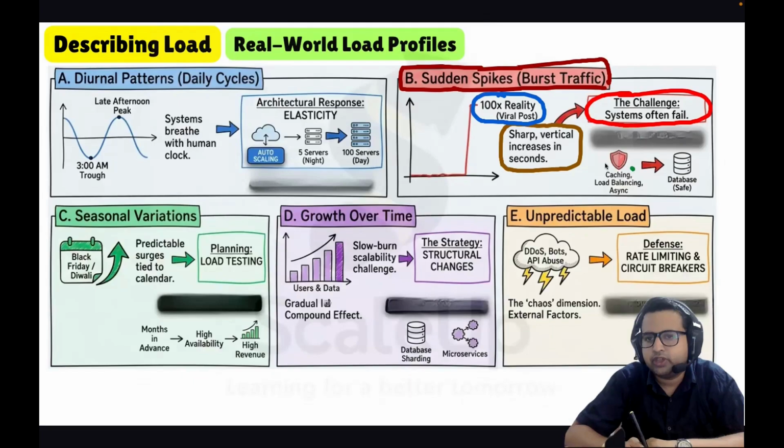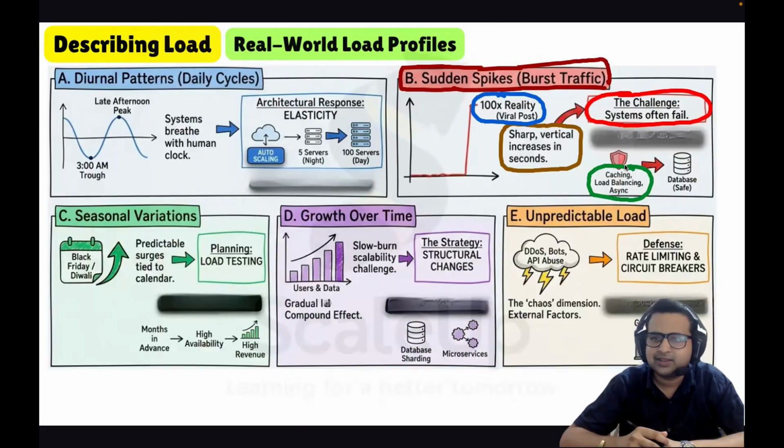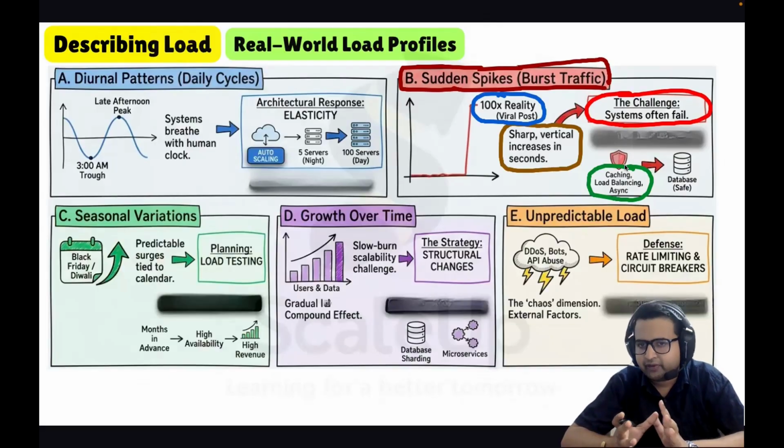So we should make use of caching. See, caching definitely optimizes the read time. For a viral post, we can just put it in the cache so that we can overcome the lag. We can make use of load balancers, wherein if we are using multiple servers, we can distribute the load, and we can use something called asynchronous processing.